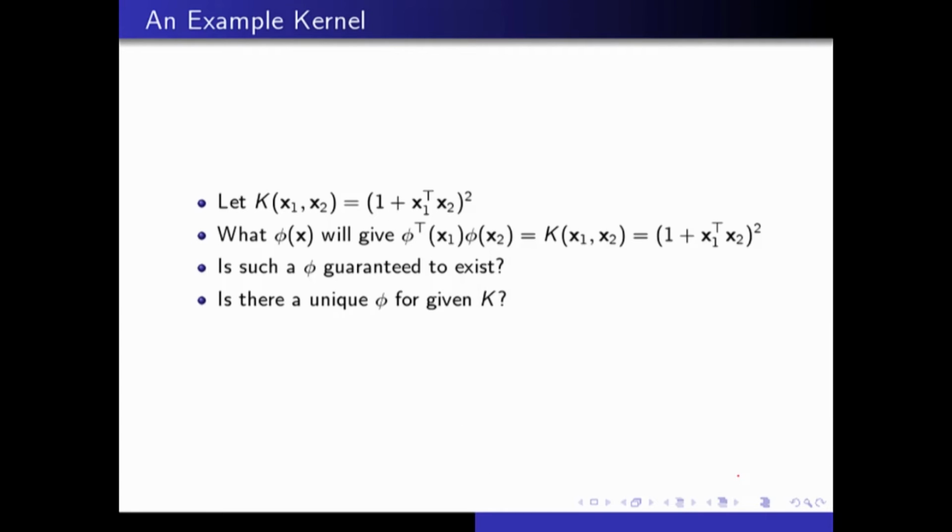Let's take an example kernel. Consider this kernel which involves a dot product between xi's: (1 plus x1 transpose x2) to the whole square. Now does this correspond to a dot product of some phi of x1 with phi of x2?